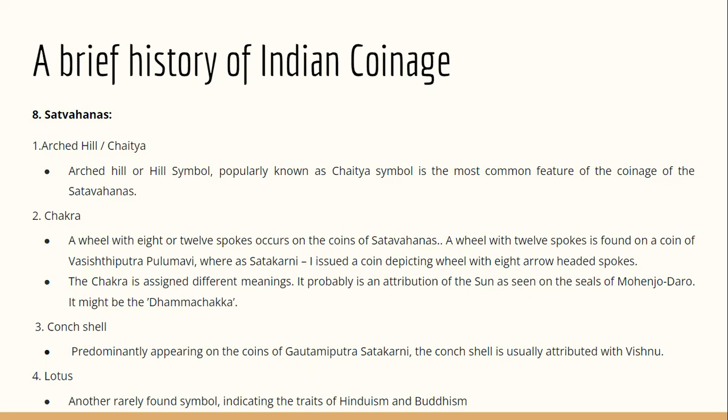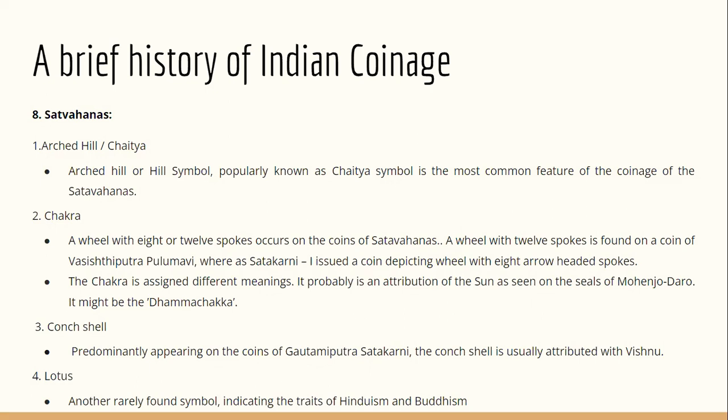So that is connected over here. This could be attributed to the sun, or it could be attributed to the Dharma Chakra Pravartana, the turning of the sacred wheel of law in Buddhism. So 2 interpretations could be taken: either an association with the sun, solar deity, or with the Dharma Chakra Pravartana.